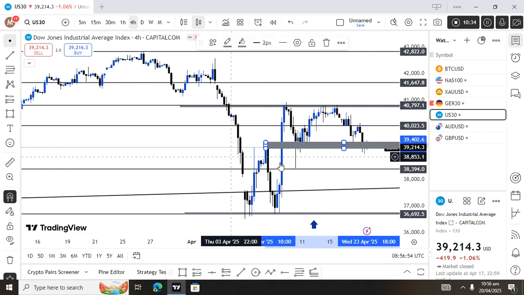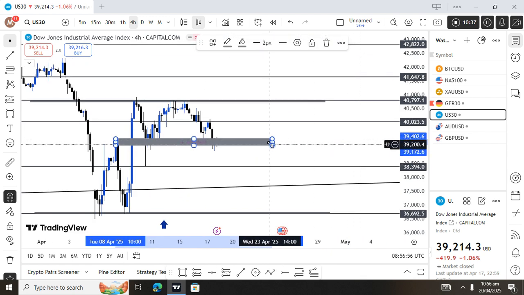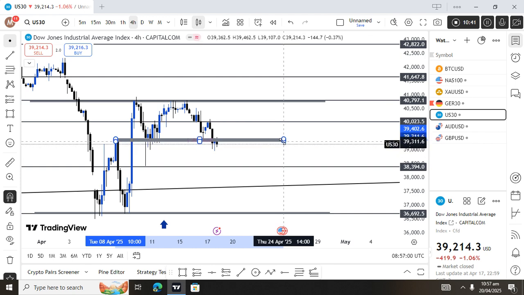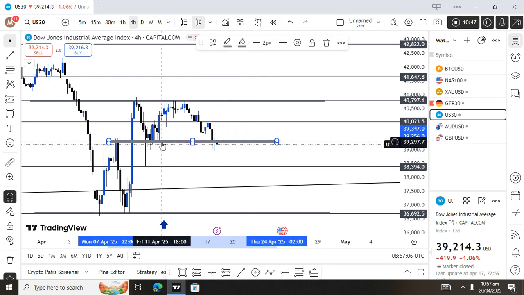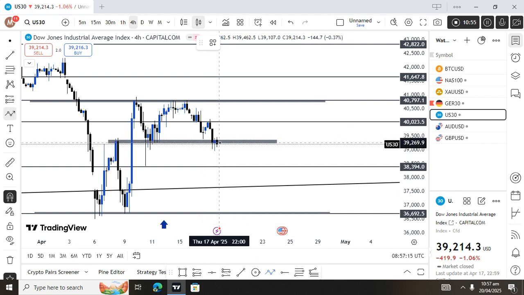I don't know whether you can see it correctly, but this is an area of reversal. The market rejected this twice. So now what I'm expecting is the market to make some drop to this area.